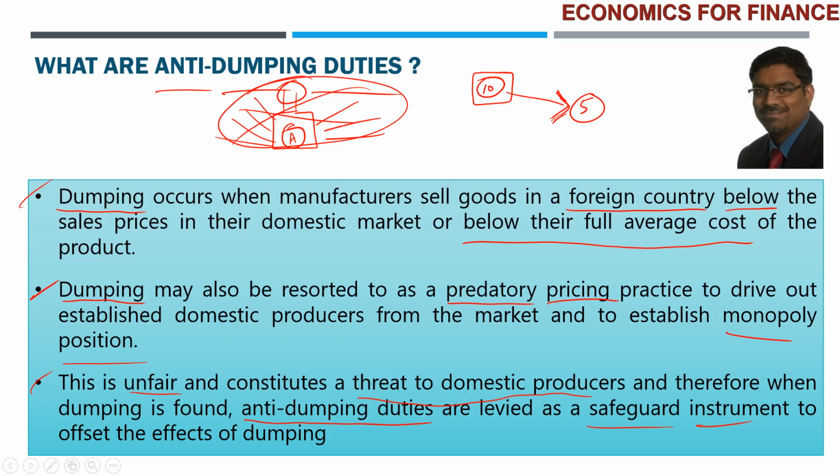Anti-dumping generally is resorted to by the exporters themselves to maybe get rid of the excessive stocks that they have, or to capture a market with predatory pricing. That is the private decision actually of an exporter, which is countered by a government by levying anti-dumping duty.